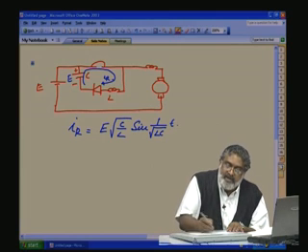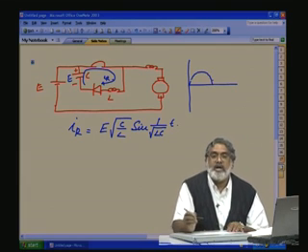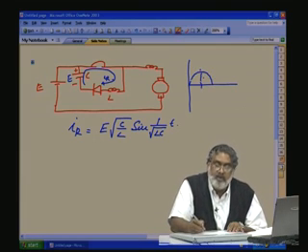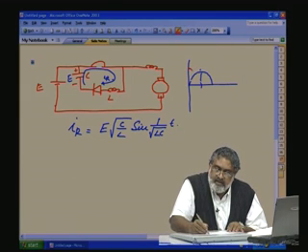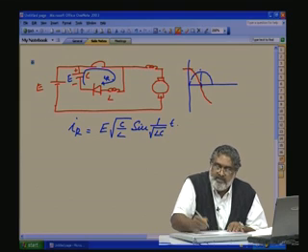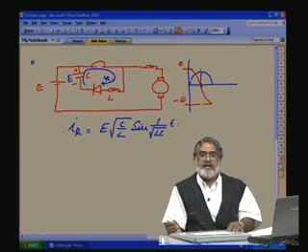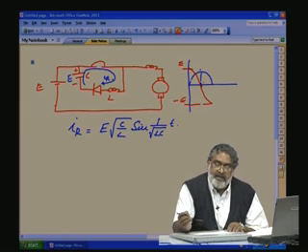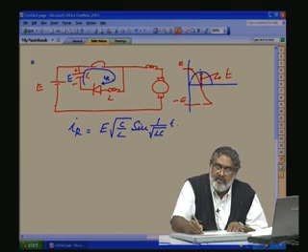So, this resonant peak current, which we have drawn before, is the current which goes into the capacitor and charges it in the opposite direction, from plus E to minus E. This peak value is equal to E into root C by L.